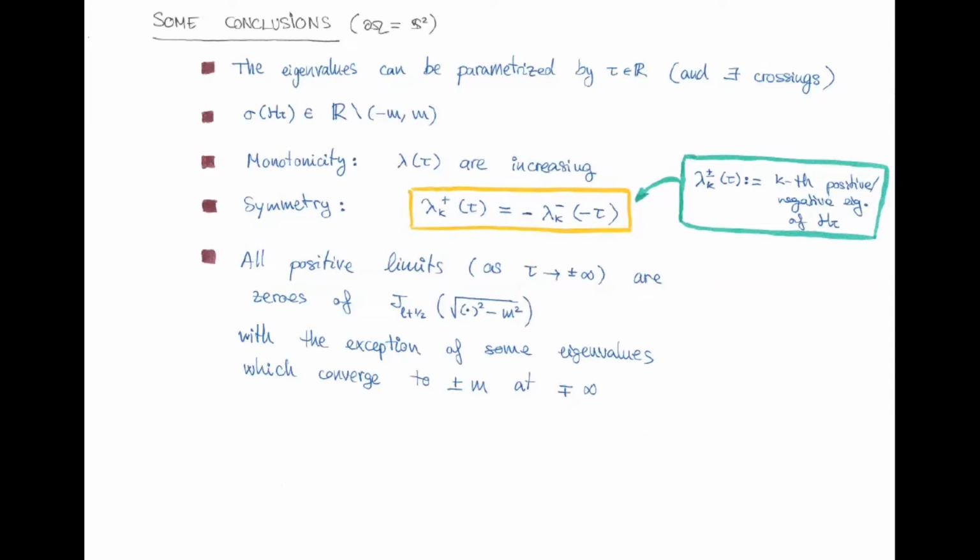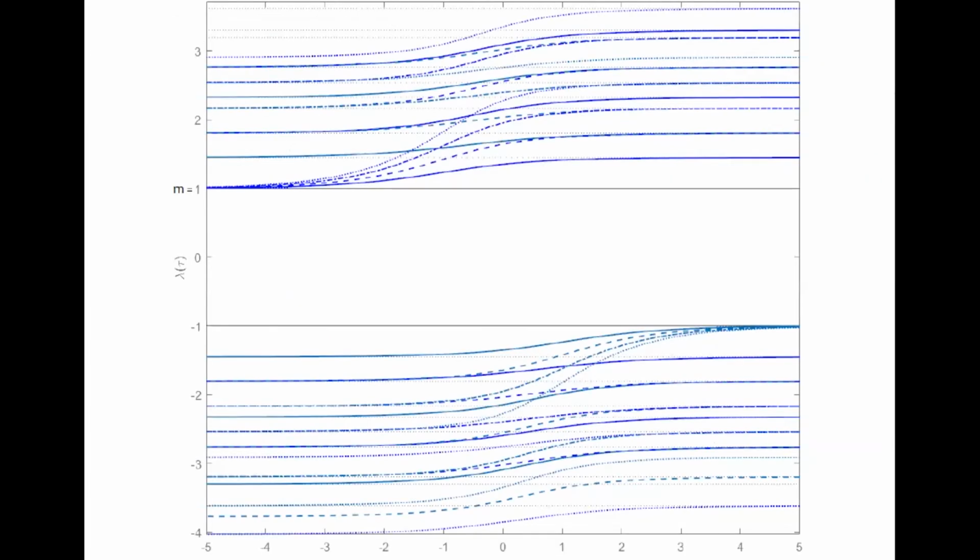Sometimes they write it with a small j. But okay, so you have this. All the limits are zeros of these functions, except maybe for some special cases, those that converge to m or minus m.